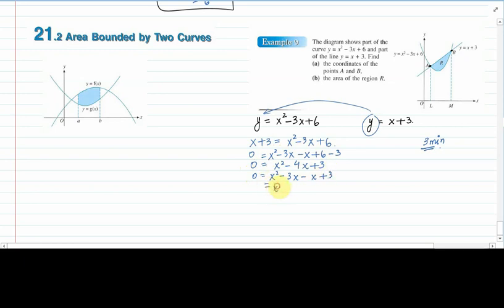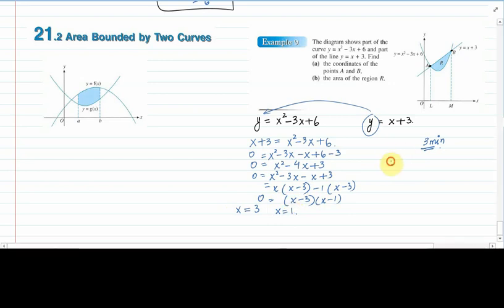Taking common x minus 3 minus 1, x minus 3. Again taking common x minus 3, x minus 1 equals 0. And you have got two values, x equals 3, x equals 1, right?